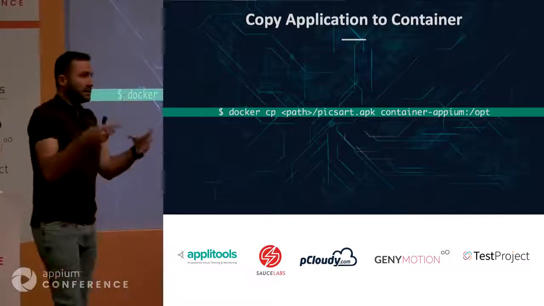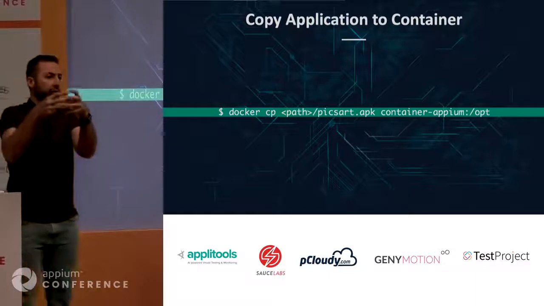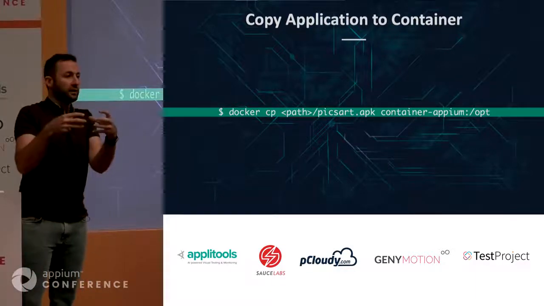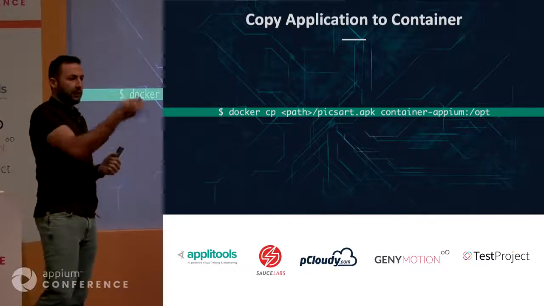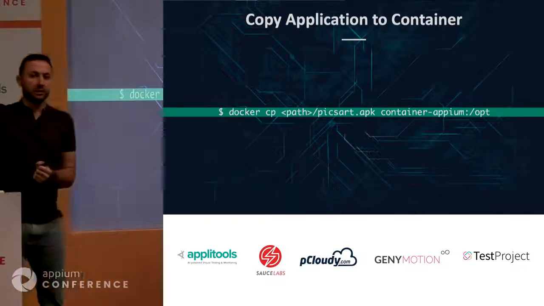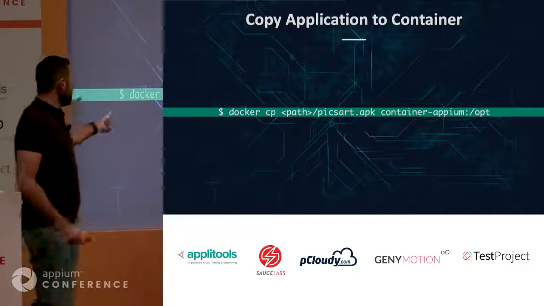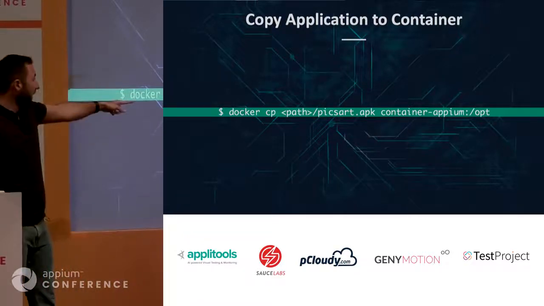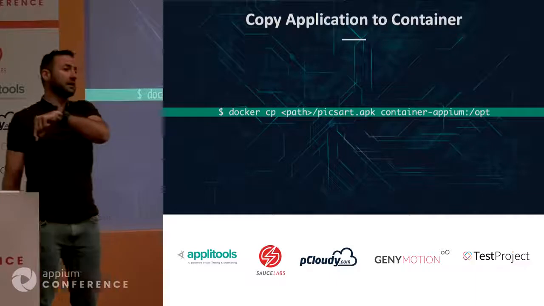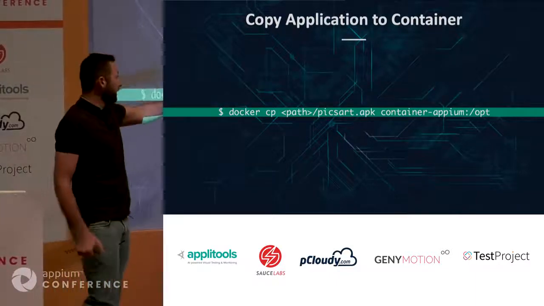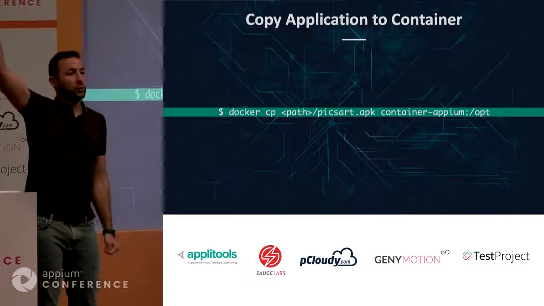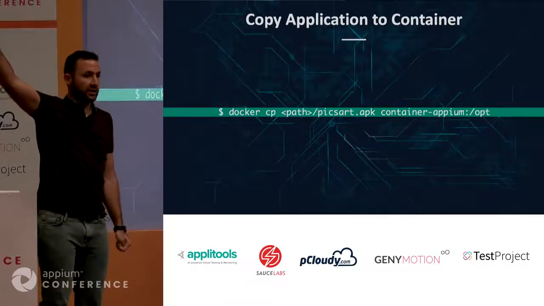But as the Appium server lives inside the Docker machine, we need to give it visibility of the APK file so it can take it and install it on a device. This is the command where you can copy the file inside the container. It copies a specific file and moves it to a specific location in the container.